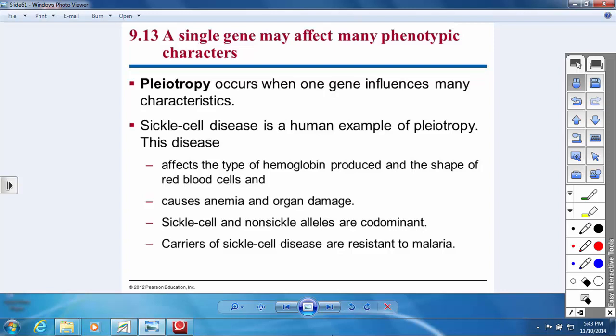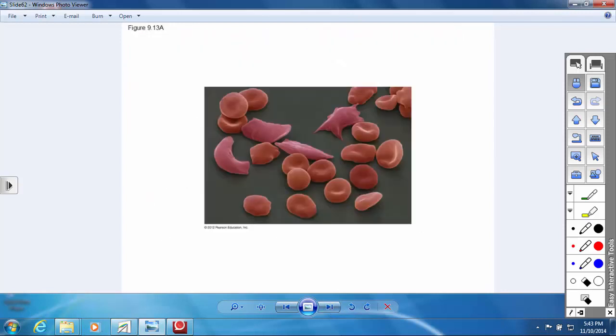So pleiotropy is another problem that causes variation with Mendel's laws. You can have one gene and it makes lots of different characteristics. So we have sickle cell as a single allele, and it affects hemoglobin in the blood cells. I'll show you a picture here and why they call it sickle cell. You have normal blood cells, and then you have some sickle cells.